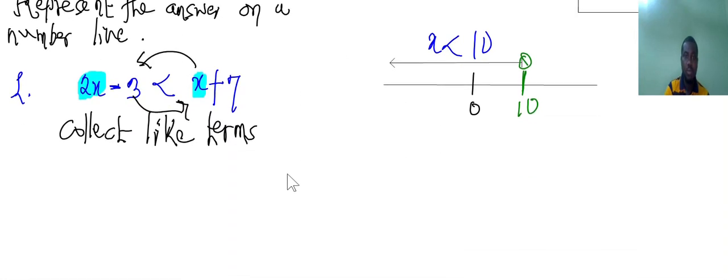Let's take another one. Let's call it number 2. We have 3x plus 4 greater than 1 minus 2x.